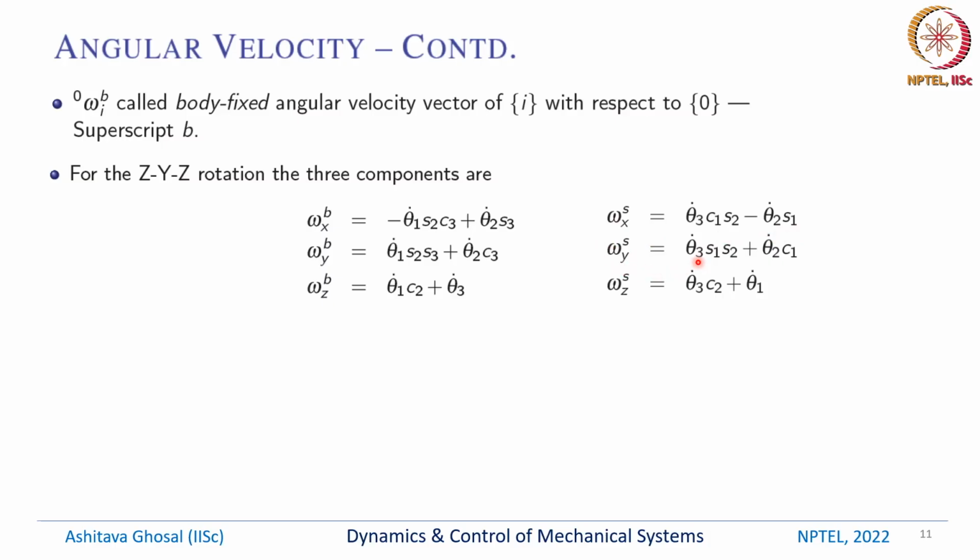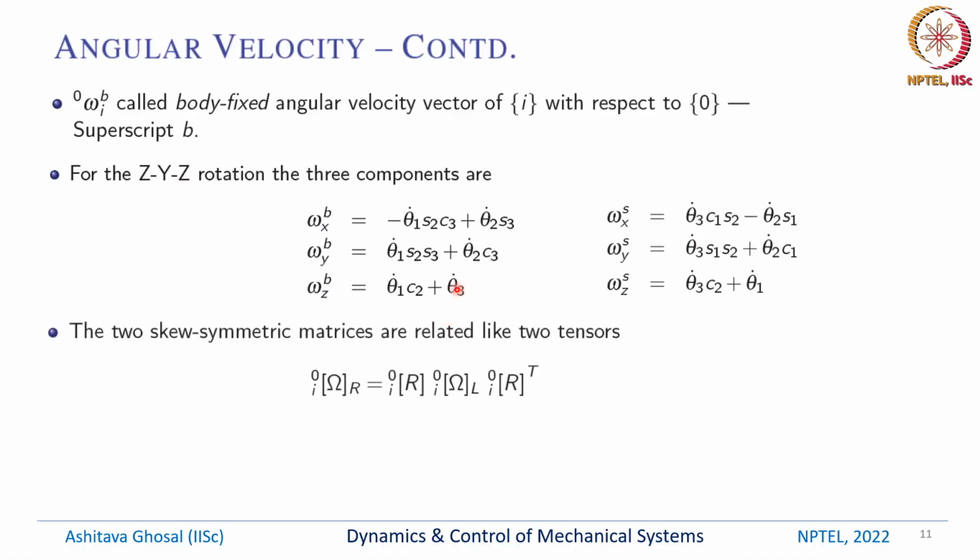Omega y is theta 3 dot into S1 S2 plus theta 2 dot C1, and omega z is theta 3 dot C2 plus theta 1 dot. So as you can see, they are very, very different. You need to be careful to understand which angular velocity vector you are talking about, and we can go back and realize that one was obtained from left multiplication and one from right multiplication.